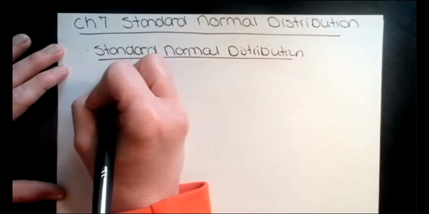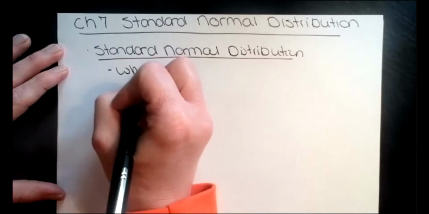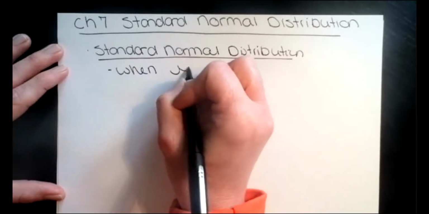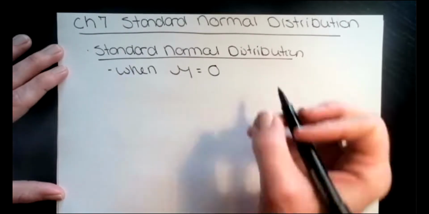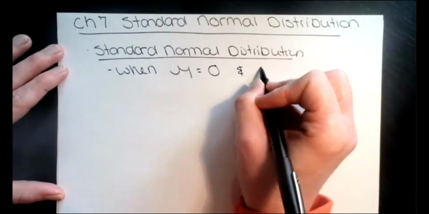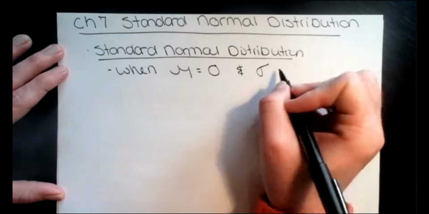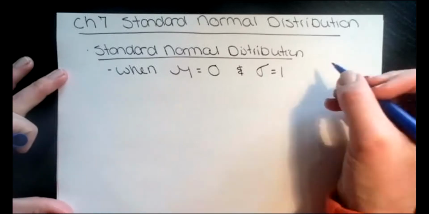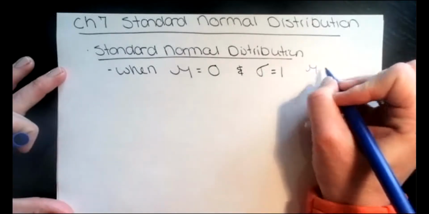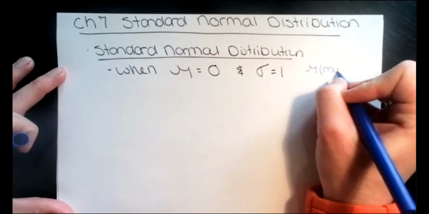this is when we have our mean or our center equal to 0 and our spread or standard deviation is equal to 1. Let me just make a note of this. So mean, we can call this mu.